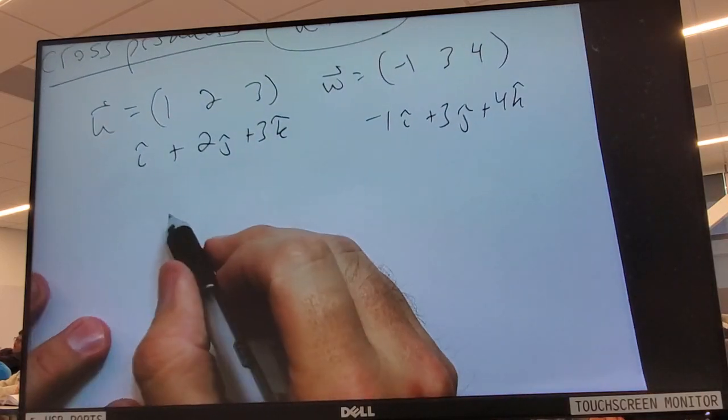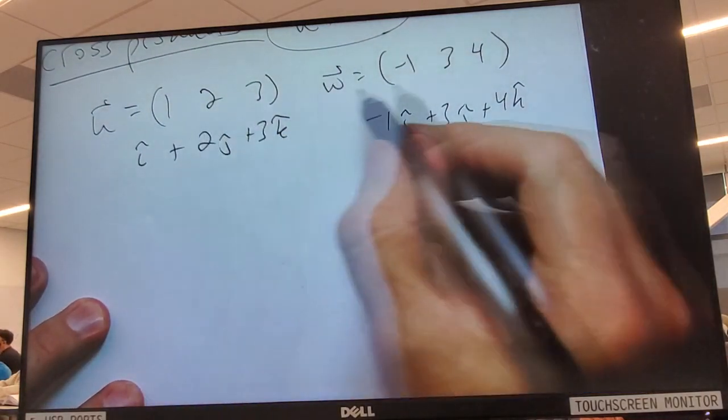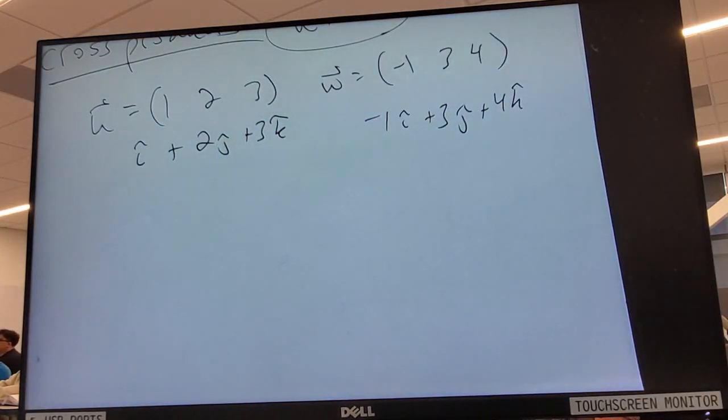So if I want to find the cross product of these two things, the really neat thing is you'll do all this math and then you end up with this vector that is magically orthogonal to both. Now in 281, we got a little bit deeper into why this process ends up with a vector that's orthogonal to both.